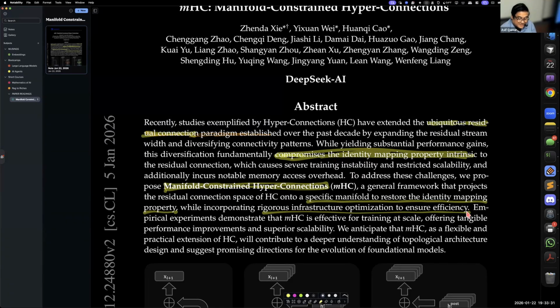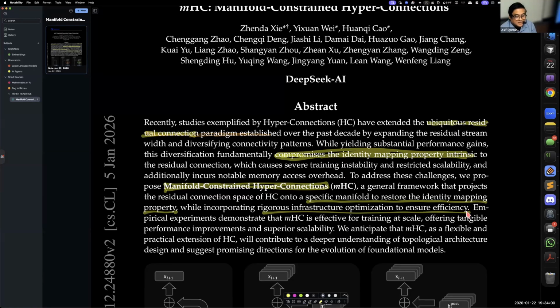We anticipate that mHC, as a flexible and practical extension of HC, will contribute to a deeper understanding of topological architecture design and suggest promising directions for the evolution of foundation models. Of all the things in the abstract, the last sentence is the most telling. What they are saying is it's practical, it works, but that is not it.